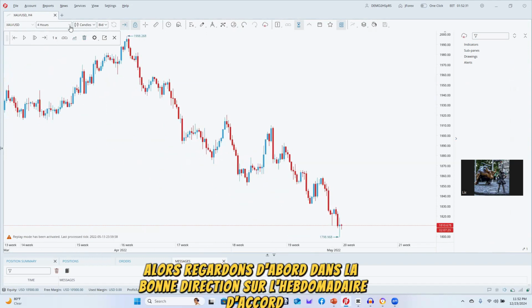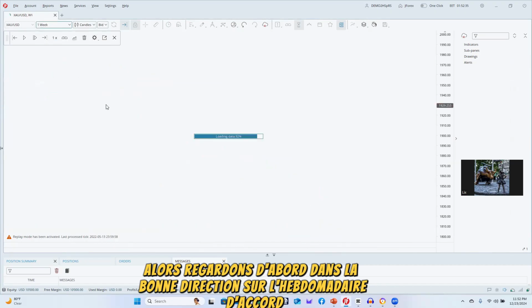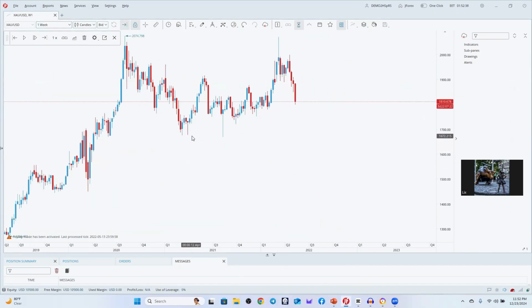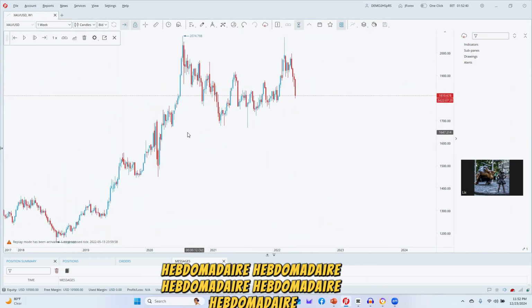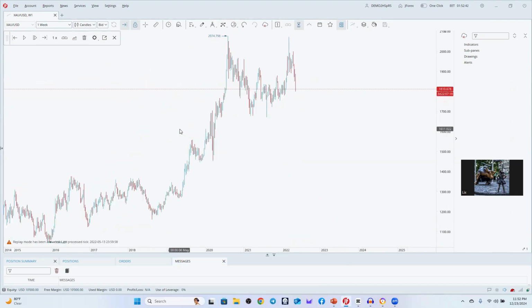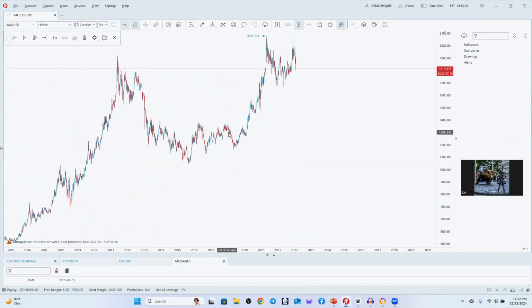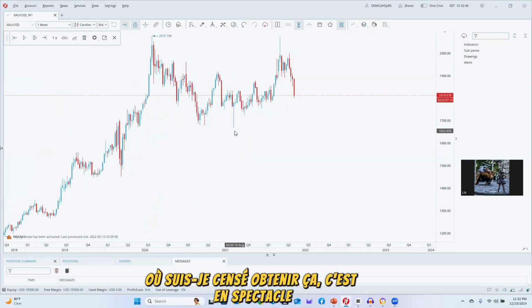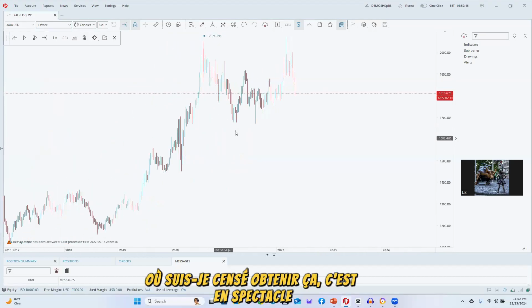So first let's look at direction on the weekly. Where am I supposed to get this example from?